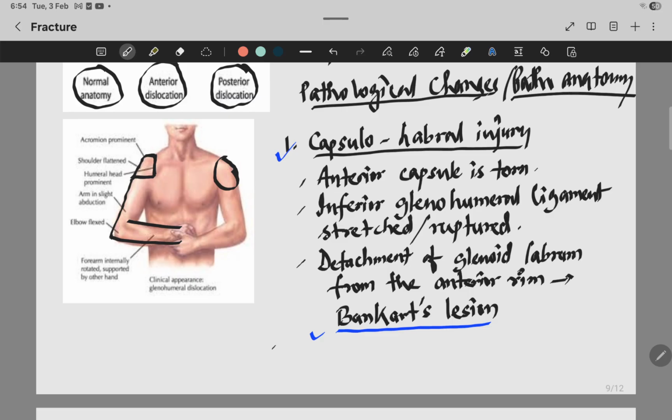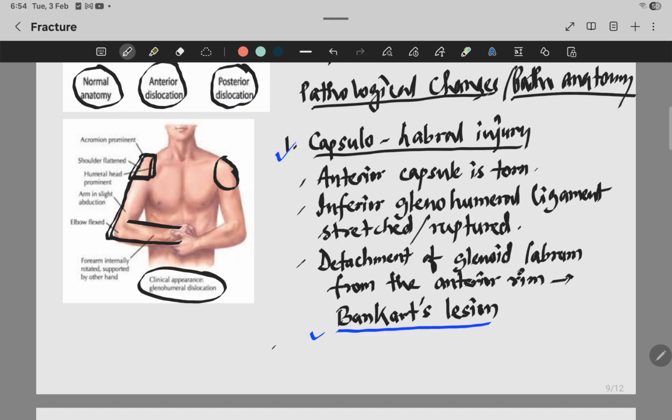Okay, when the patient comes in this position, there is shoulder dislocation. This is the clinical appearance of shoulder dislocation. The patient comes with a squared shoulder, not a rounded shoulder, along with the arm abducted and externally rotated.